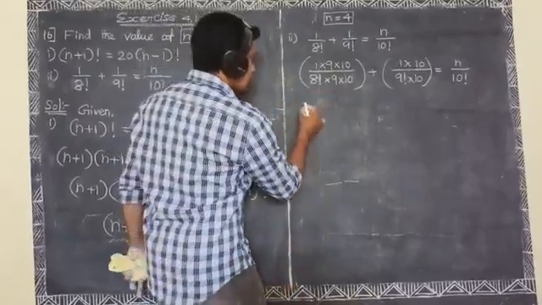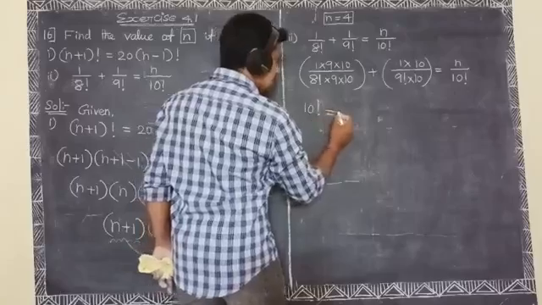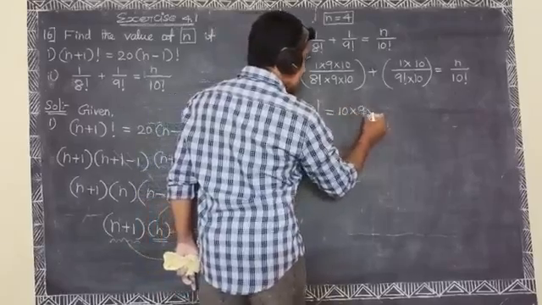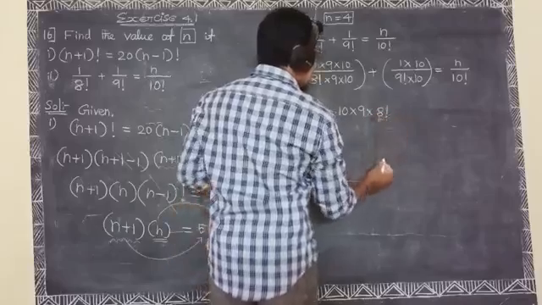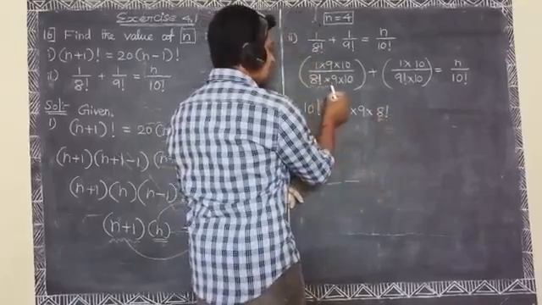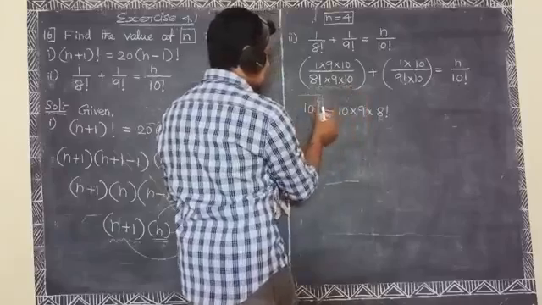Here 10! is equal to 10 × 9 × 8!, so 8! × 9 × 10 can be rewritten as 10!.